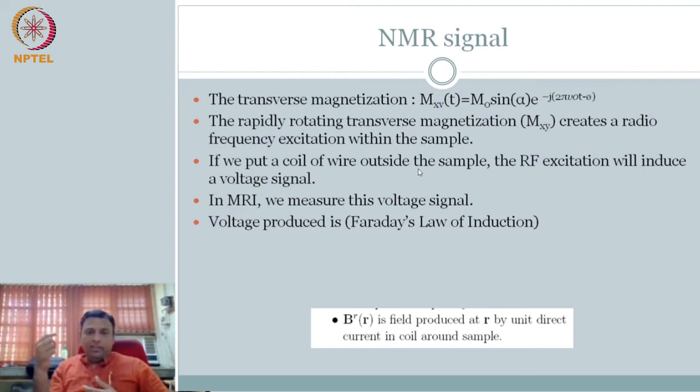Simple. We use reciprocity. What do I mean by that? If I have a coil and I pass a unit current through this coil, it is going to create a magnetic field, right? That is, you apply current, you get a magnetic field. Now I am saying, if I have a magnetic field and I keep a coil, it is going to induce a current. That is reciprocal.